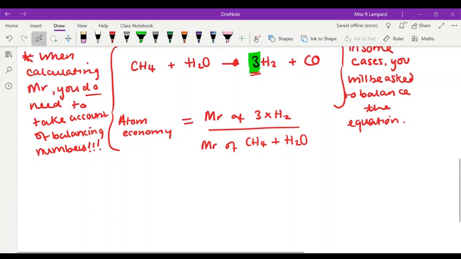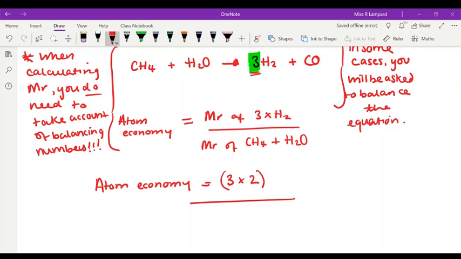So that gives us atom economy is equal to 3 times 2 divided by 12 add 4, which would give us 16, add 2 plus 16, which gives us 18.